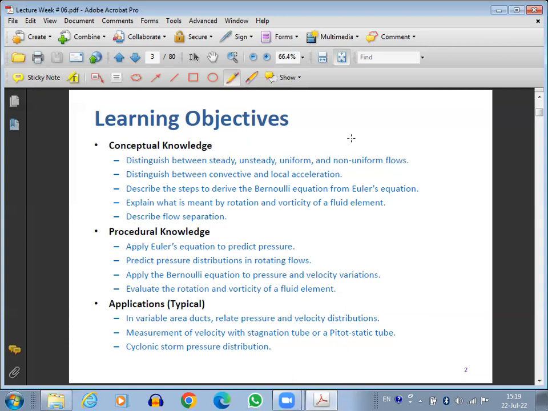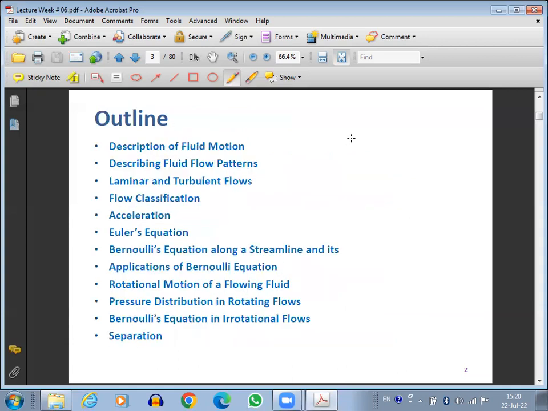We are just going to focus on the motion itself: the motion parameters, motion classifications, and the different kinds of motions we have in the fluid. These are the things we are going to study in fluid kinematics, without considering the cause of the motion. When we study the cause of the motion, that is fluid kinetics. We are going to eventually go on to it, but not in this chapter, in the next chapter.